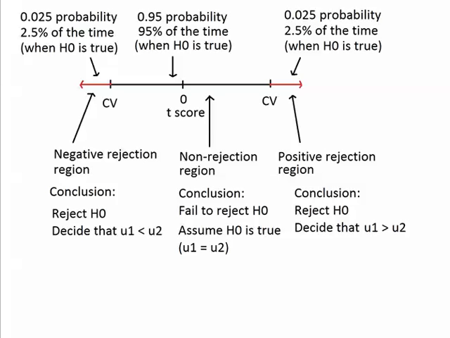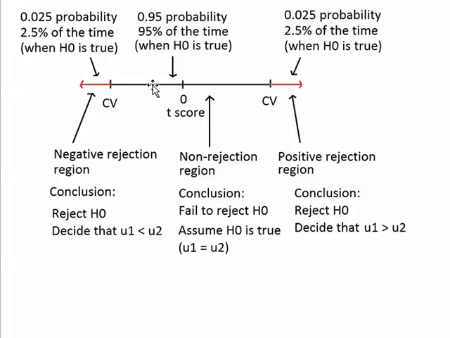The logic tells you that if you get an outcome out here that's unlikely to happen when H0 is true, you reject H0. You say that H0 is false. The population means do have a real difference. If the outcome ends up out here, and it's unlikely to happen when H0 is true, you also reject H0.